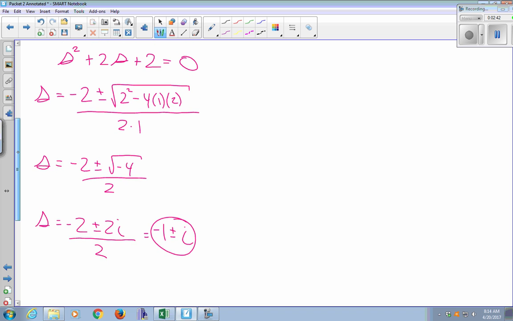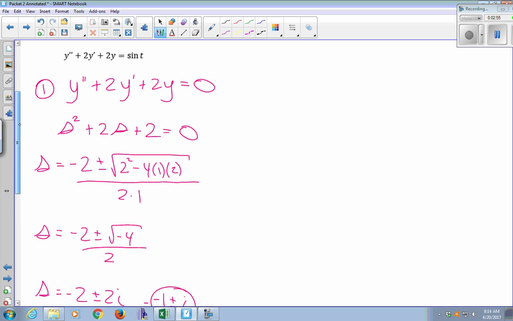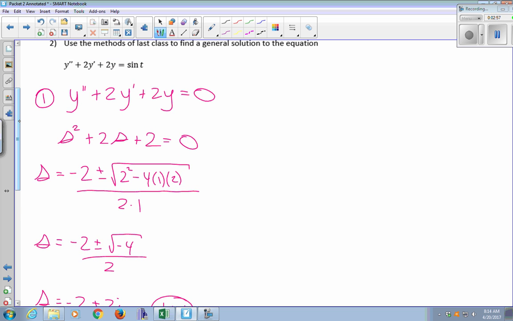These s's are actually your eigenvalues. And when you have complex eigenvalues, you only need one of them, right? So I'm going to start with a solution y equals e to the st, and I'm going to use negative 1 plus i times t.